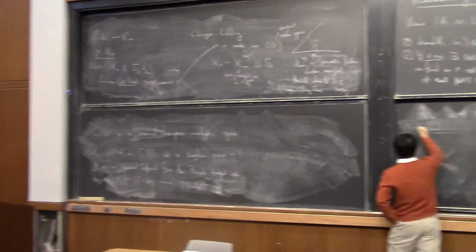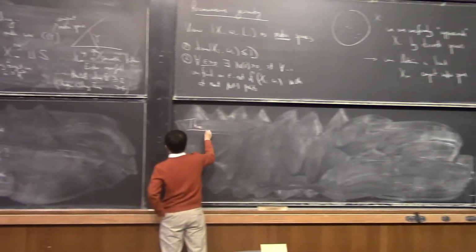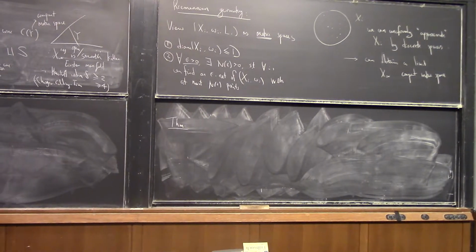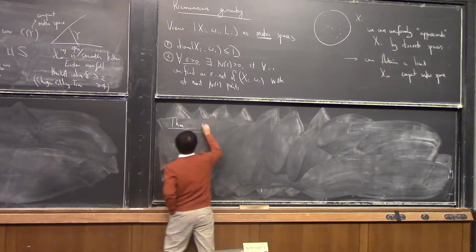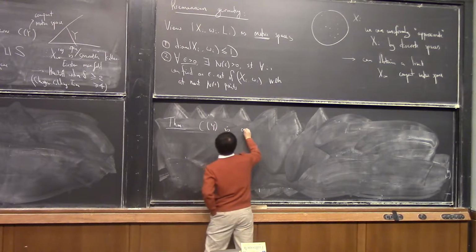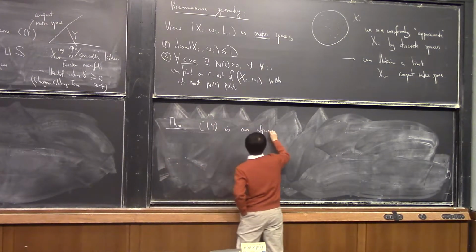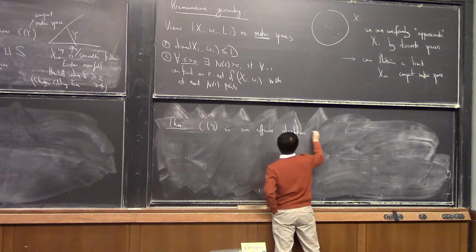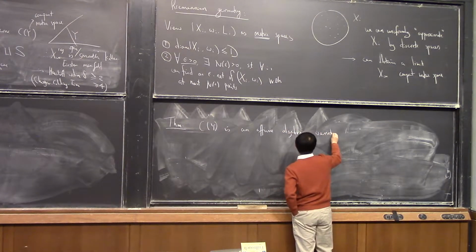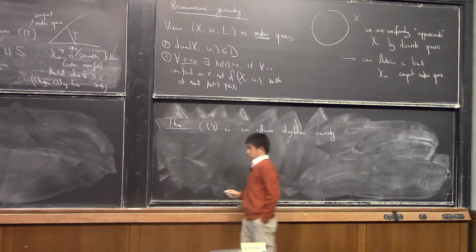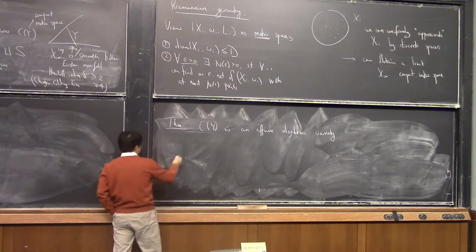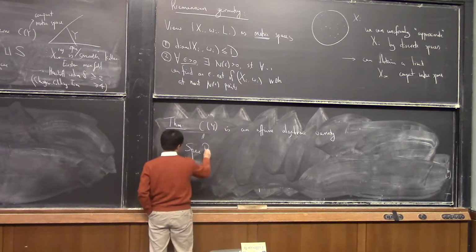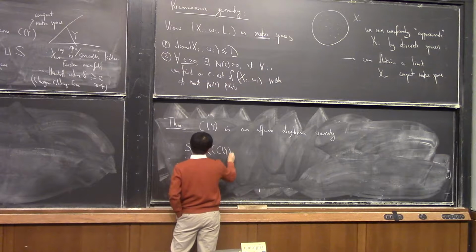So let me state the first result. We know that this tangent cone is not just a complex analytic space, it's always an affine algebraic variety. The affine structure is given by Spec of a ring. So what is this ring?